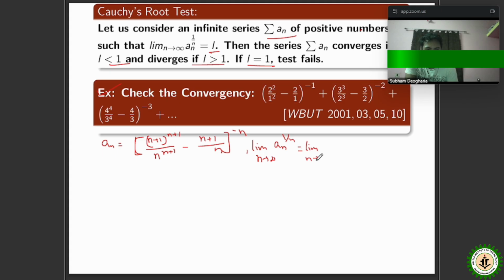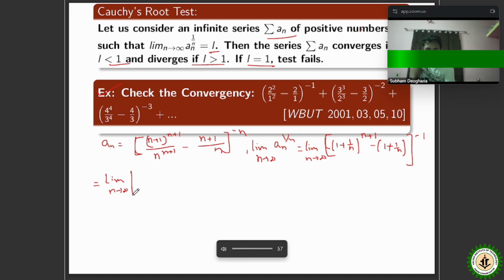This will be equal to limit n tends to infinity (1 plus 1 by n) to the power n plus 1, minus 1 by (1 plus 1 by n) to the power minus 1, and this will give actually limit n tends to infinity (1 plus 1 by n) to the power n into (1 plus 1 by n), minus 1 plus 1 by n.